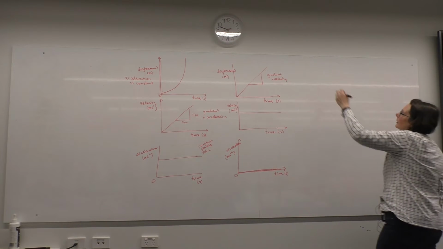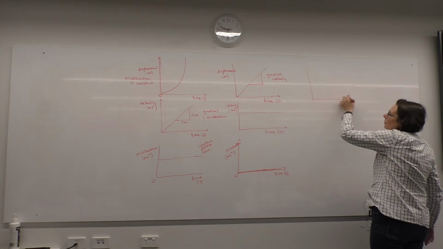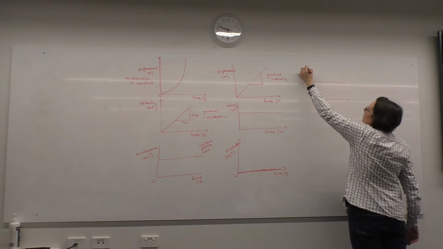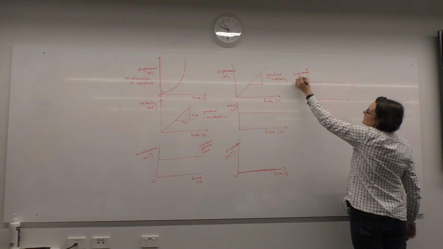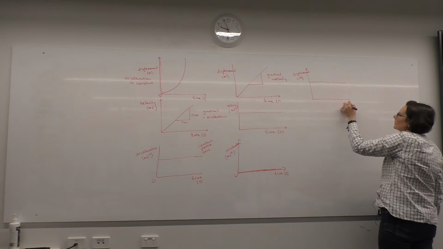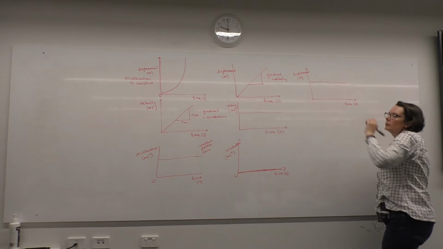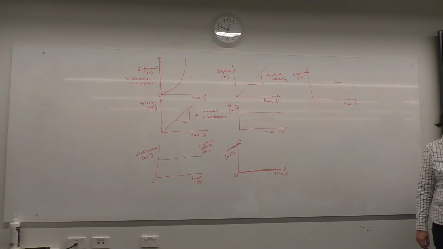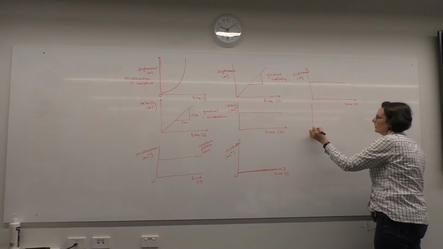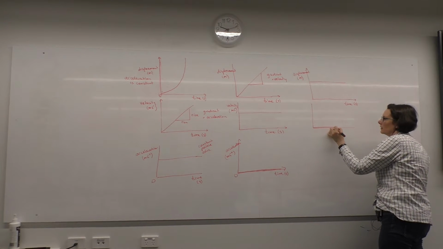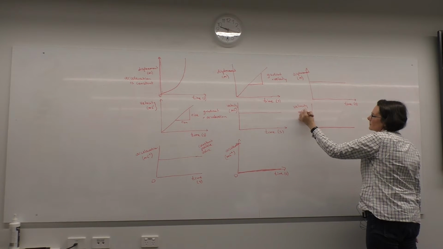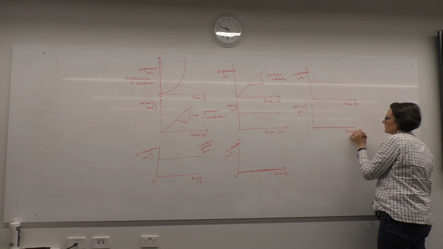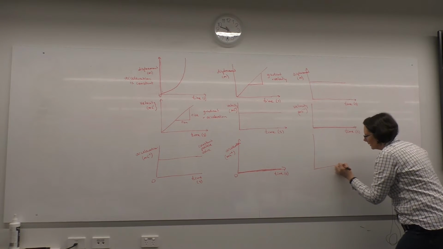Okay, and so our third kind of motion was where we were stationary. Well, what's the gradient of my straight line that's parallel to the x-axis? 0. So our velocity then will be 0. And our acceleration is also 0.